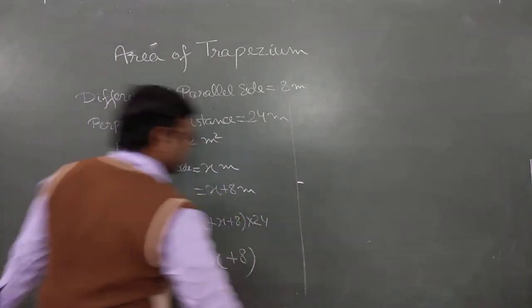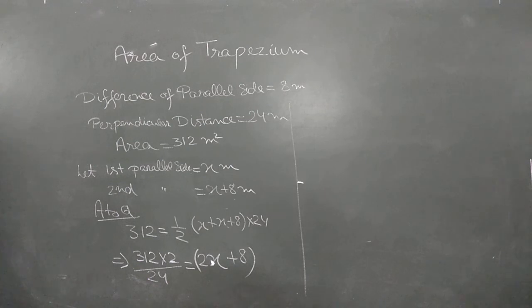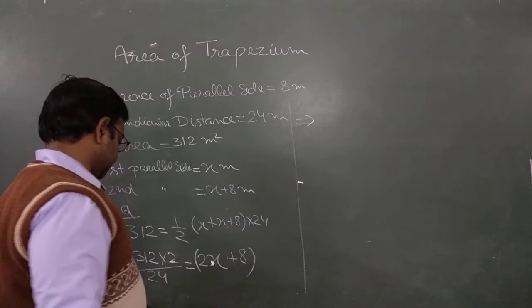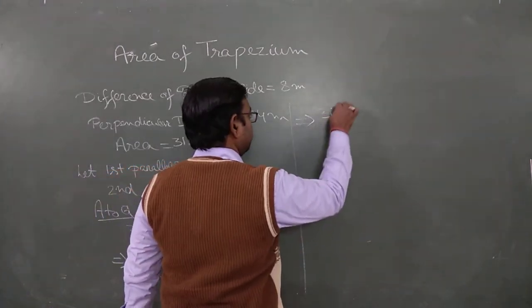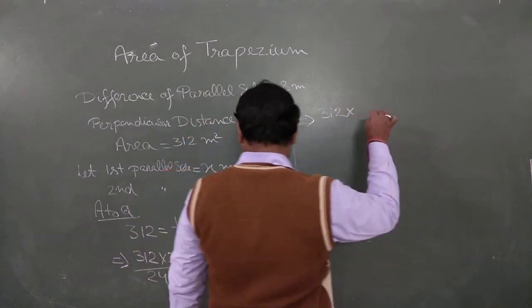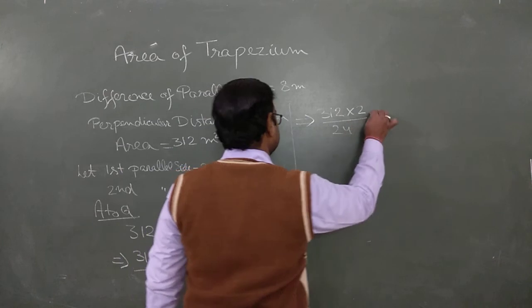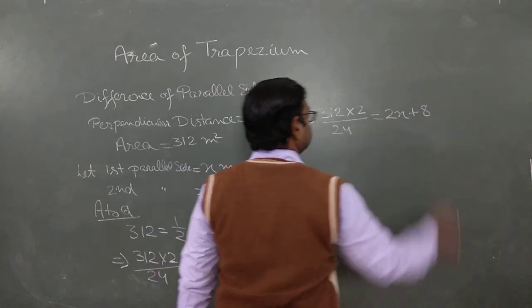Now come to the point. Okay, we solve afterwards. Come to this side, we are going to solve this one over here. 312 into 2 divided by 24 equals 2x plus 8.